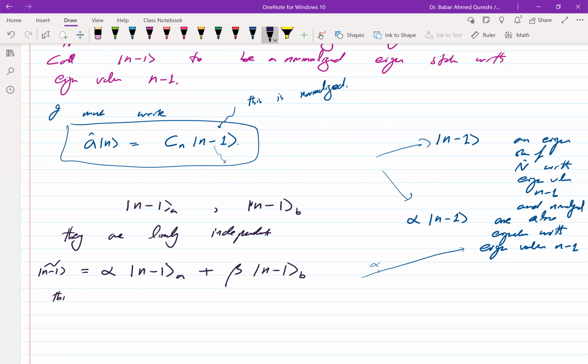This is still an eigenstate with eigenvalue n minus 1.